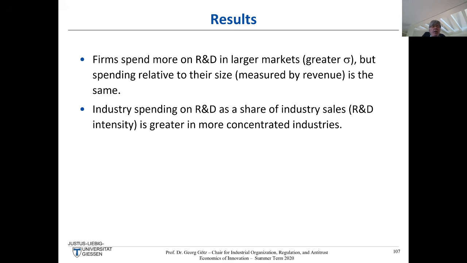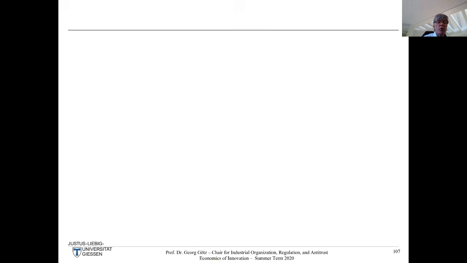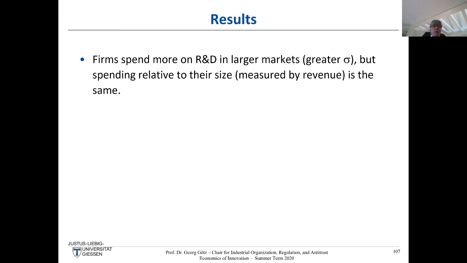Industry spending on R&D as a share of industry sales is greater in more concentrated industries. That's what you see hopefully here as well. So here this is our share, and if n increases, this share becomes smaller, the left-hand side becomes smaller, or if n decreases, that is, if concentration increases, the left-hand side becomes larger. That's what we have here.